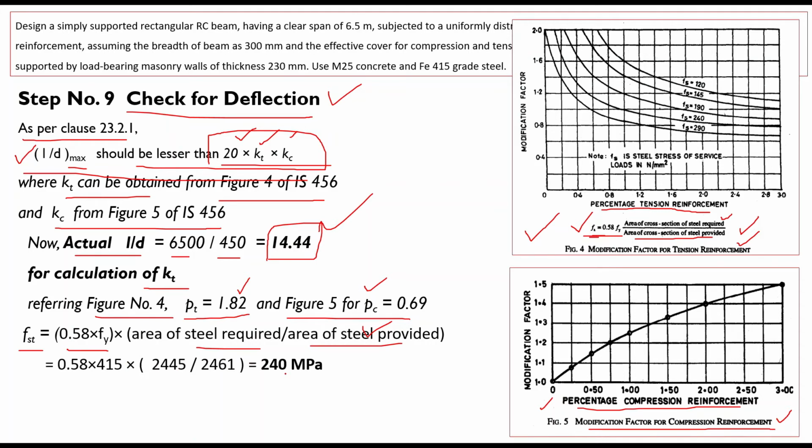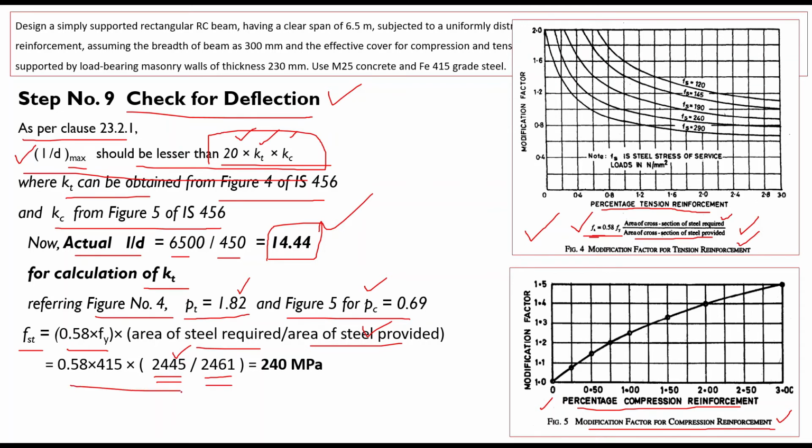So remember in the previous step, the requirement of steel was 2445, but we have provided 2461. Based on the data we already discussed in the previous steps, the area of steel in tension side required was 2445 and provided is 2461.